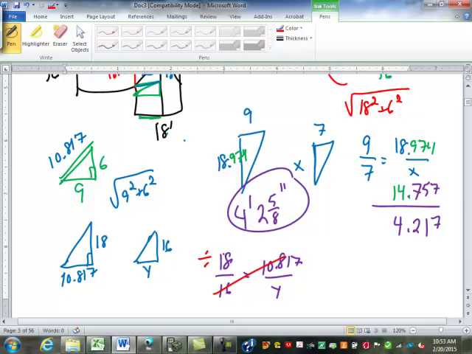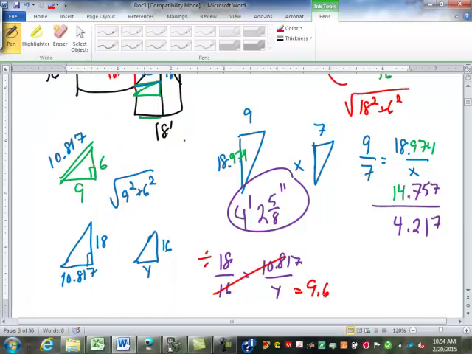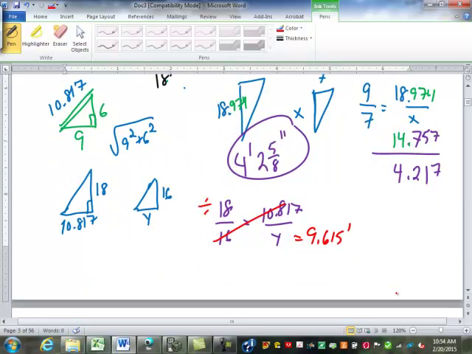Cross multiply and divide. So times 16 divided by 18. 9.615. So we got a difference there of 1.202 feet.